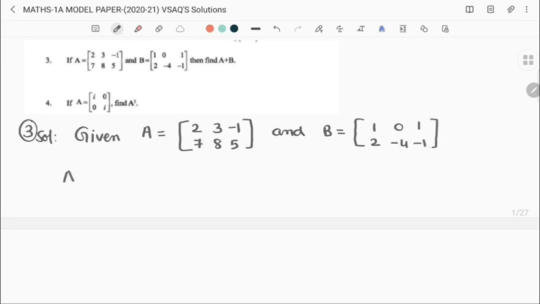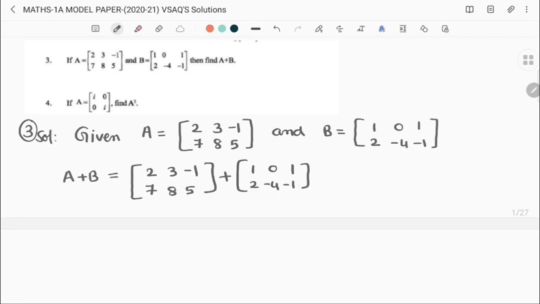So A plus B is equal to 2, 3, minus 1, 7, 8, 5 plus 1, 0, 1, 2, minus 4, minus 1.